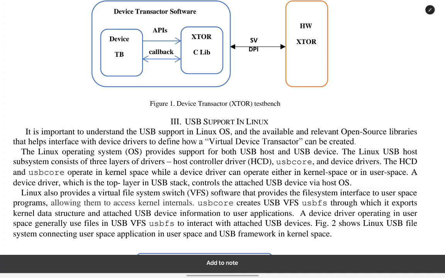The Linux USB host subsystem consists of three layers of drivers: the host controller driver HCD, the USB core, and the device driver. The HCD and the USB core operate in kernel space, while the device driver can operate either in kernel space or in user space. A device driver, which is the top layer in the USB stack and controls the attached USB device, is a host OS.